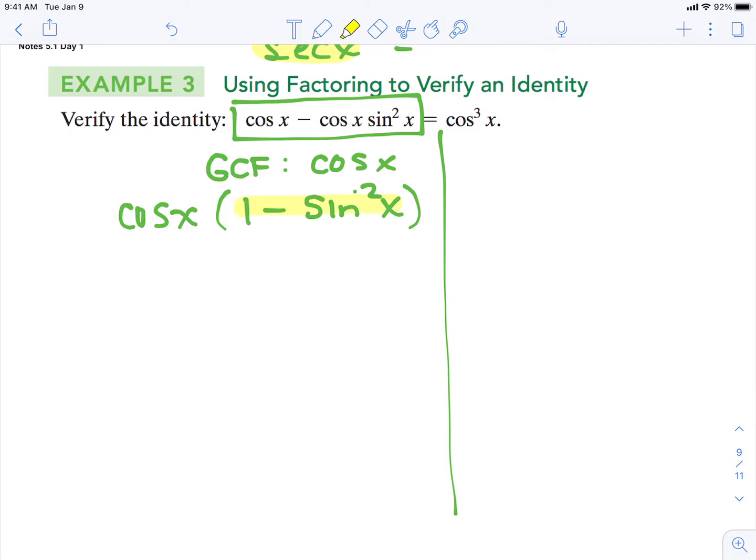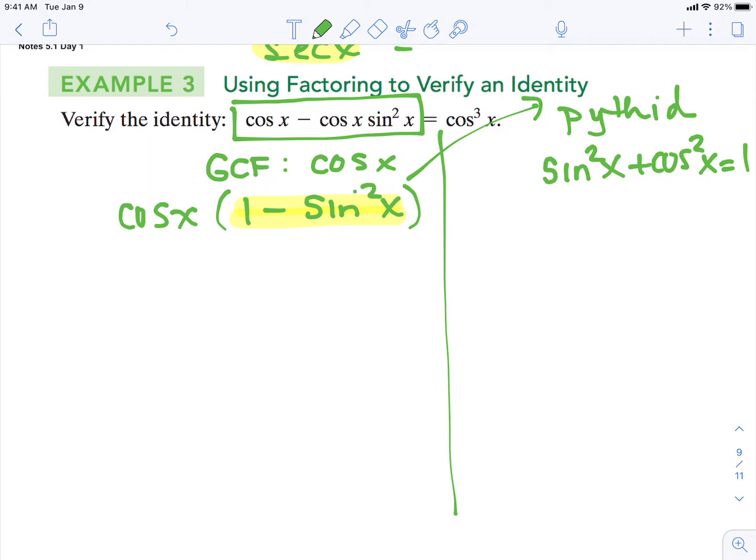This parentheses is the Pythagorean identity. It's a little hard to see because the Pythagorean identity says sine squared of x plus cosine squared of x equals 1. What we have to do is rewrite that equation.